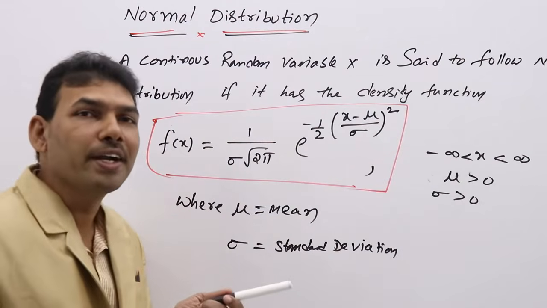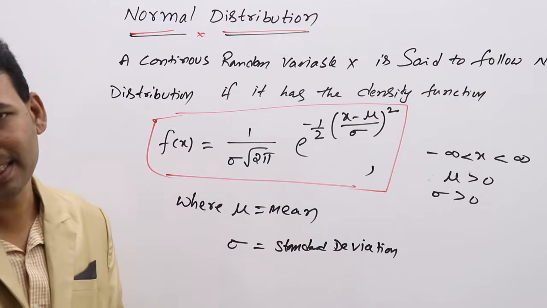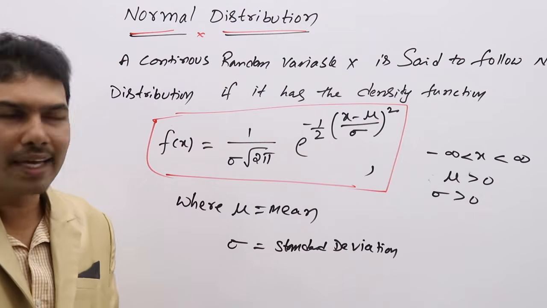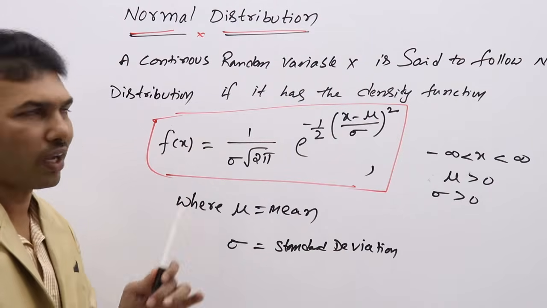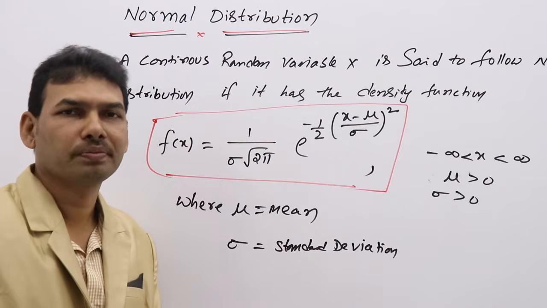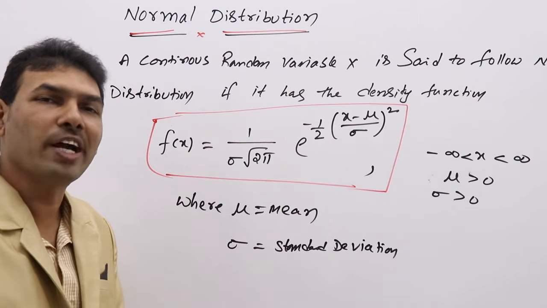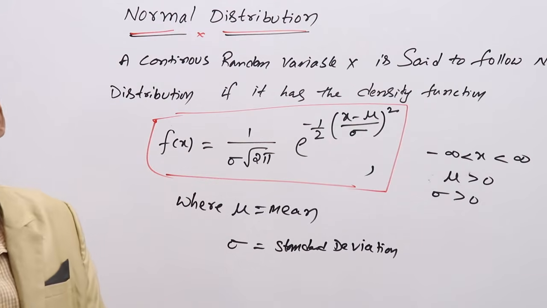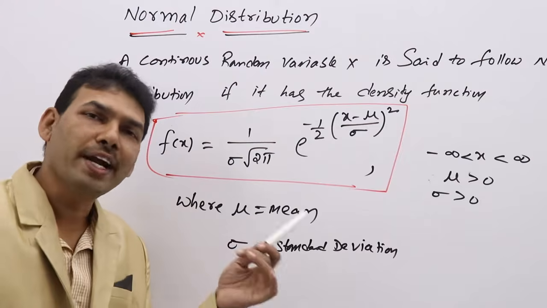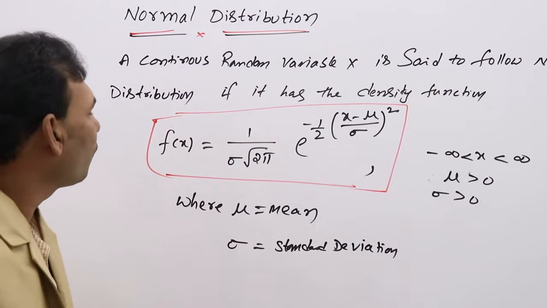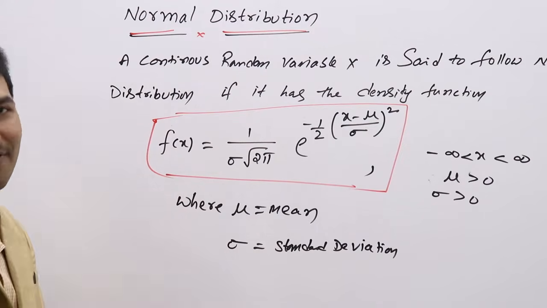So if you want to find mean, variance, median, anything, we will use this small f of x. If you integrate this f of x, you can find probabilities between any two values. If you want to find mean, you need to integrate this density function.